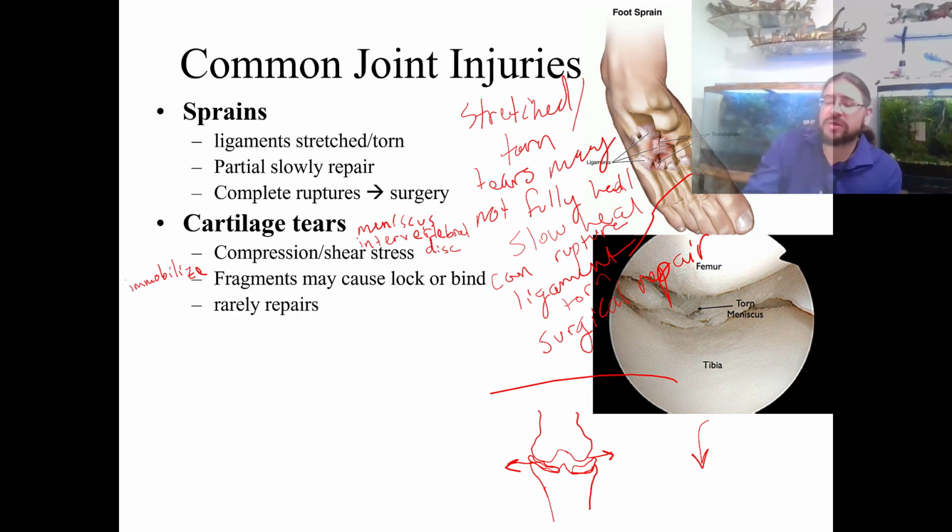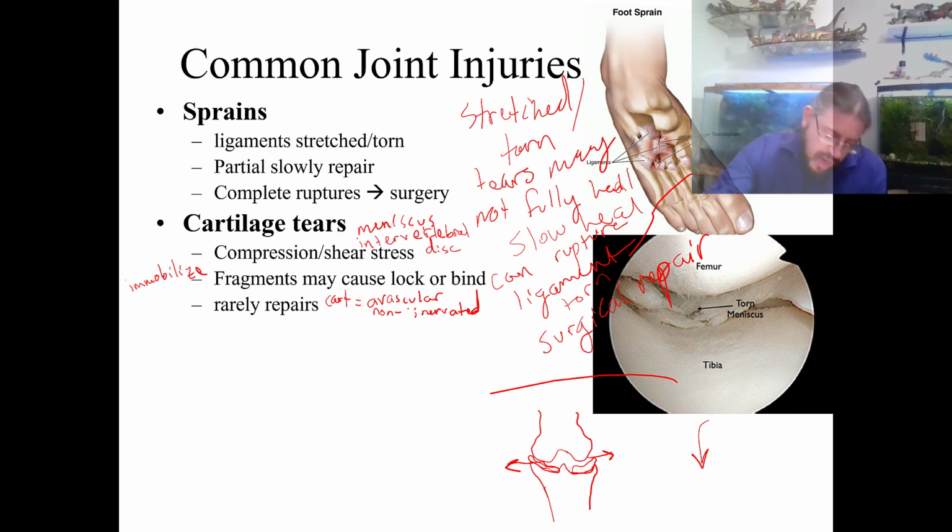The problem with a torn meniscus is that it rarely ever gets repaired naturally. This is because cartilage is, if you remember, avascular and non-innervated.